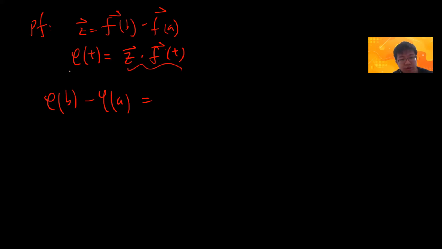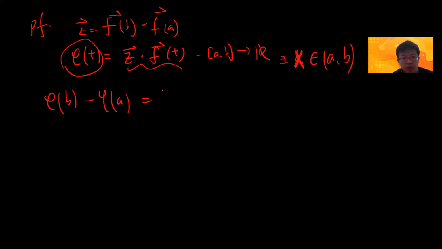Remember this phi is one dimensional, right? This phi is from [a, b] to R. So one can use the mean value theorem, right? So there is this x belonging to (a, b) such that this is phi prime of x times (b minus a).